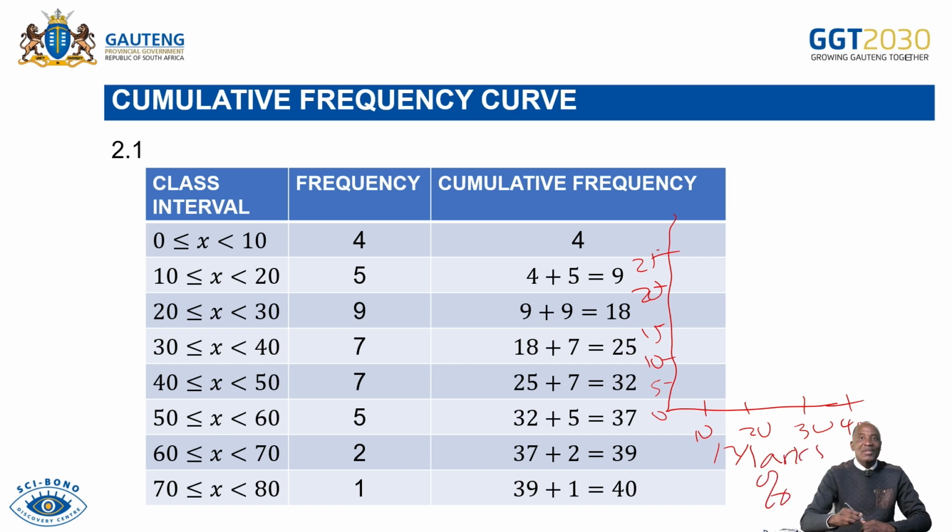Then up there, you will write cumulative frequency going up. Let's quickly have that scale on your grid. 0, 5, 10, 15, 20, 25, 30, 35, 40 going up the axis, across 0, 10, 20, 30 until you reach 80. That's your maximum number there.